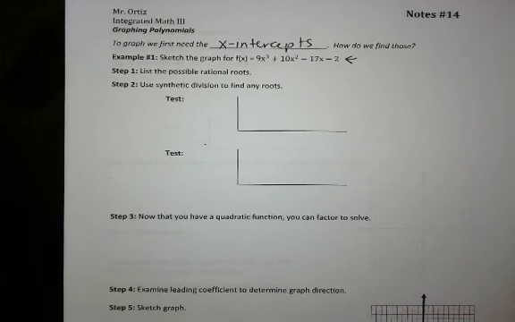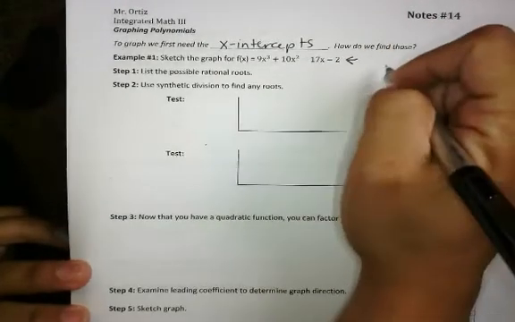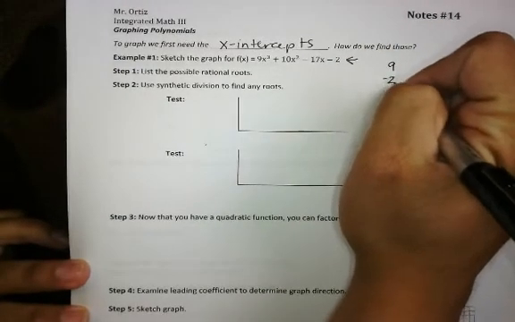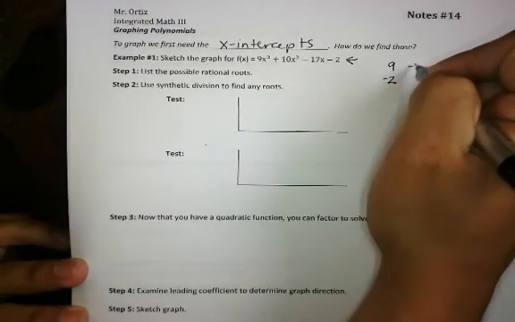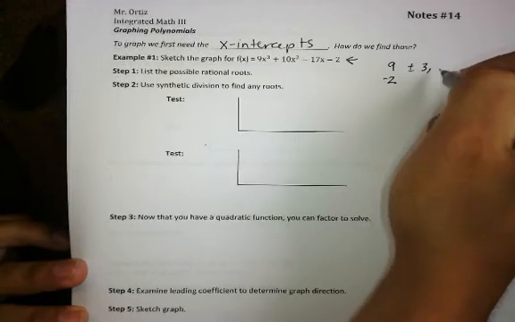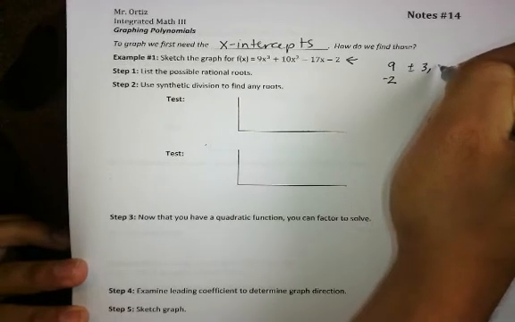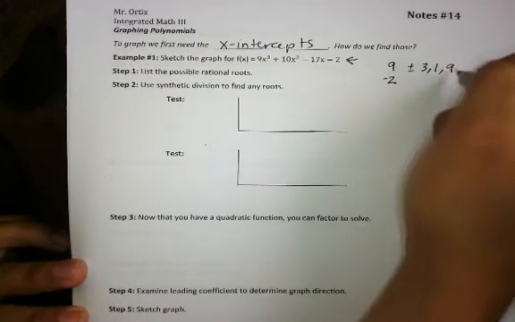I don't know the x-intercepts. How do I basically get this done? We need to factor it. But they didn't give us a, hey, divide this by x divided by something. List the possible rational roots. There you go.